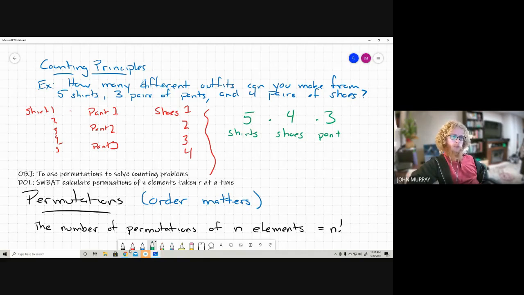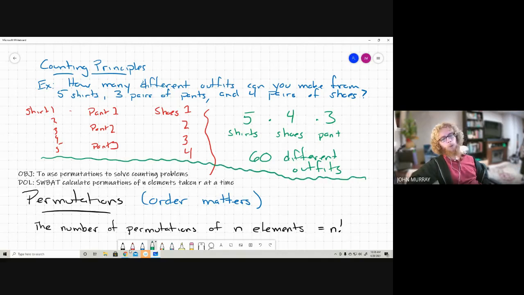I would multiply those. 5 times 4 is 20. 20 times 3 is 60. 60 different outfits. So you get 2 months of outfits with only 5 shirts, 4 shoes, and 3 pants. And that goes with anything.